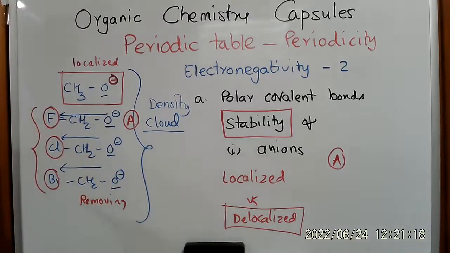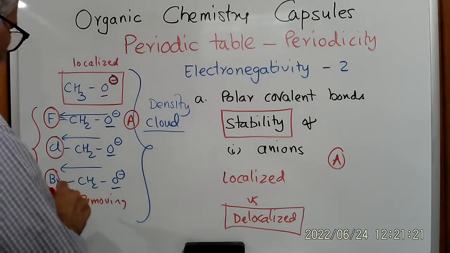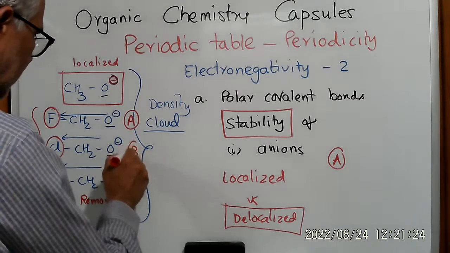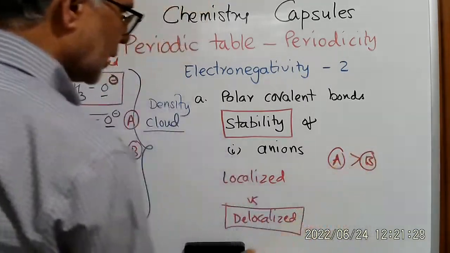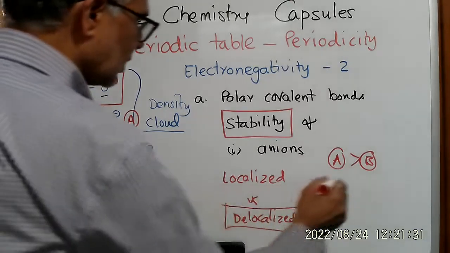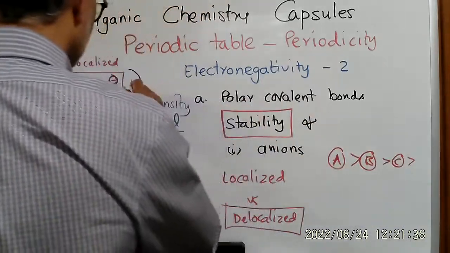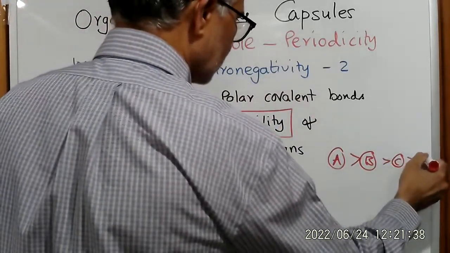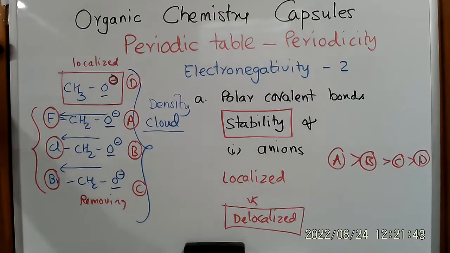So fluorine gives the most stable ion because it has the highest electronegativity, followed by chlorine. So ion A is more stable than ion B, which is more stable than ion C, which is more stable than the first one, which we call D. So A, B, C, D. If questions come like this, we invoke something fundamental to answer a given question.